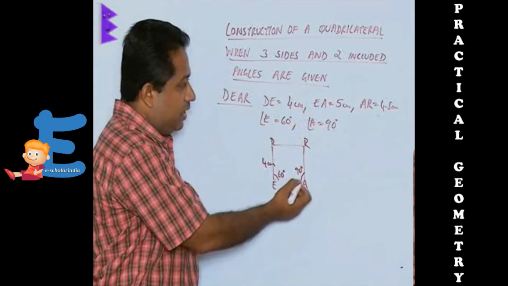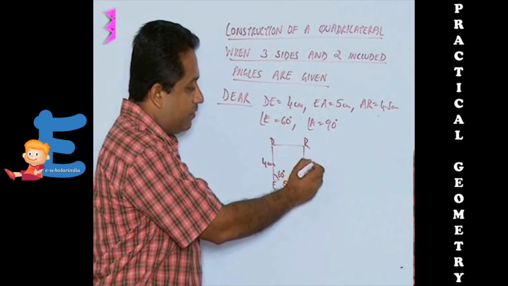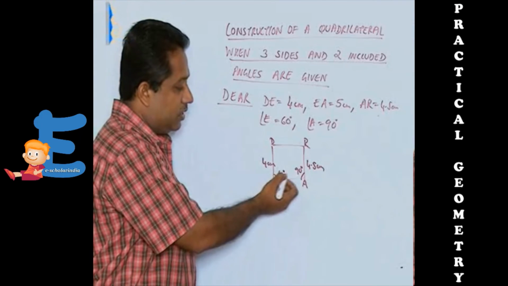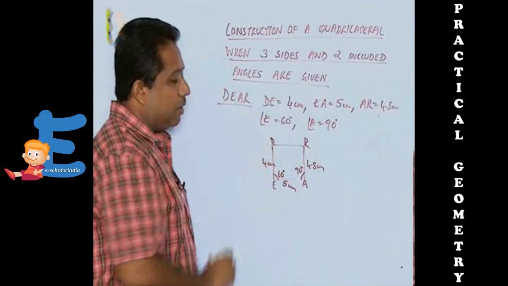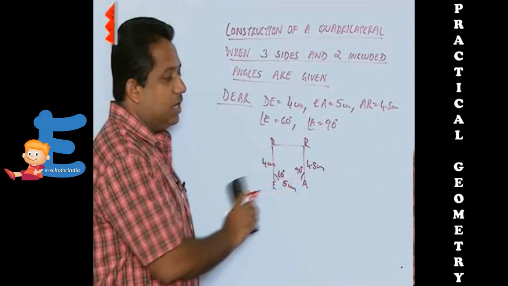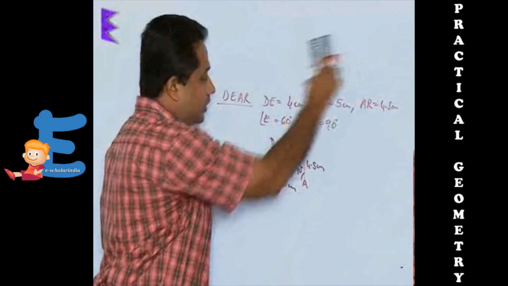The value of EA 5 centimeter. The length of AR 4.5 centimeter. So we've drawn a rough diagram with the base angles 60 and 90 and the 3 sides given. So we are about to construct a quadrilateral with 3 sides and 2 included angles. The process will be very simple.